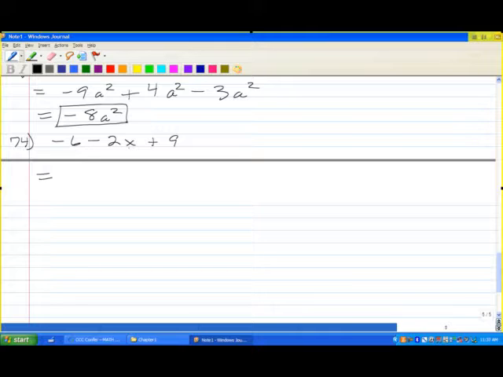Well, -2x, there's no other like terms with that, so just -2x. I have a 9 and a -6. Those are like terms. 9 minus 6 is +3. The -2x and the 3 are not like terms, therefore we can't combine them, and so we've simplified this as much as possible.